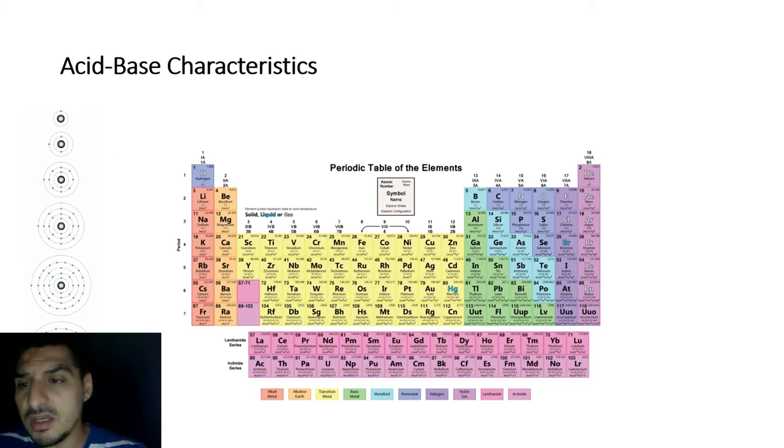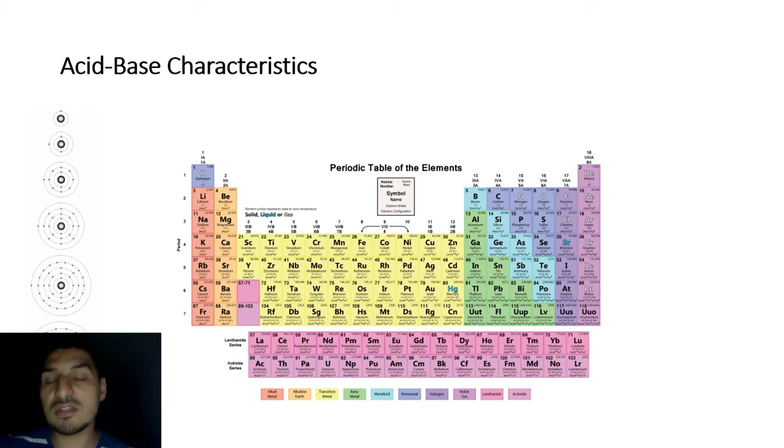And as you see here, as you go down, the outermost electron gets further and further from the nucleus, and this makes the attraction force between this electron and the nucleus very, very weak. And so the attraction between the electron in the hydrogen atom and the nucleus is very, very strong compared to the attraction force between this electron and the nucleus.